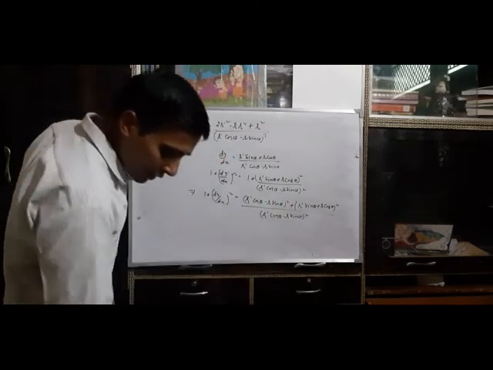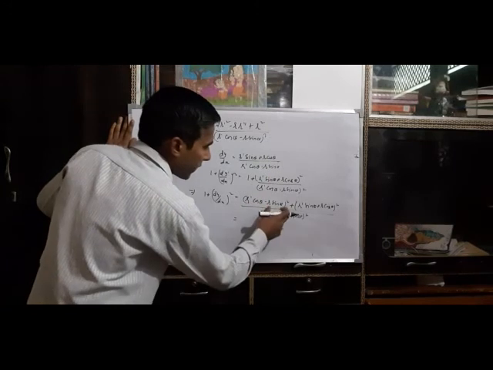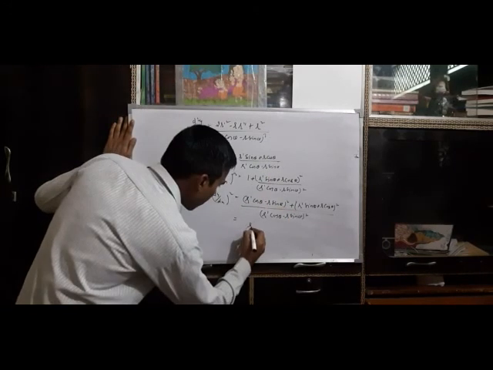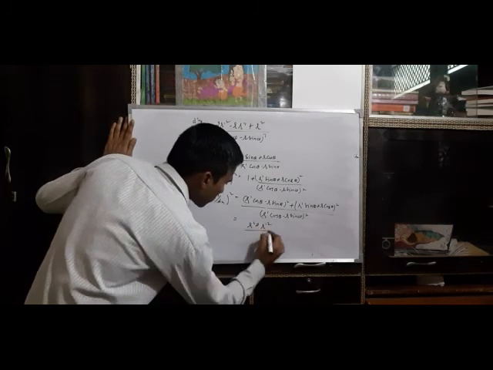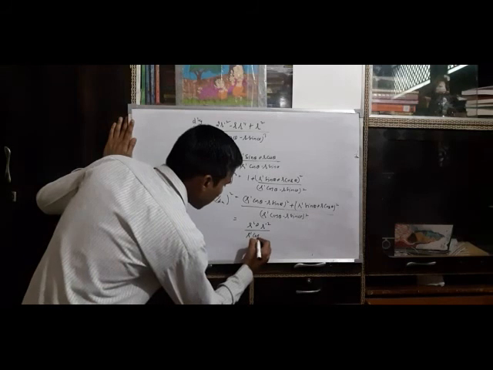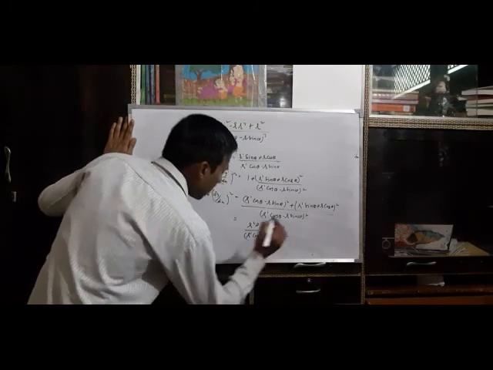When we simplify and solve this expression, we get r square plus r prime square, divided by (r prime cos theta minus r sin theta) whole square.